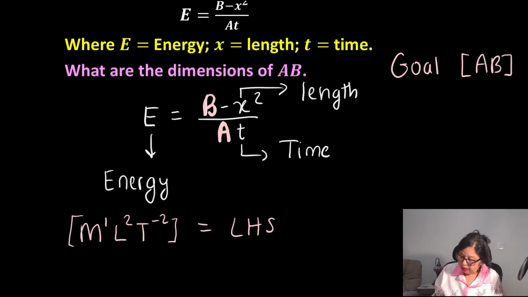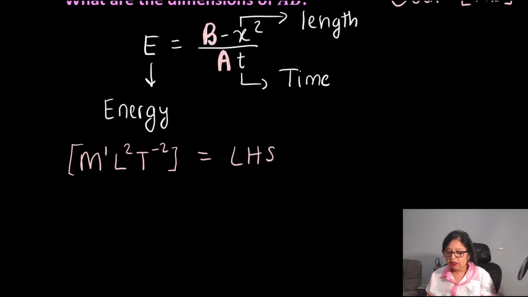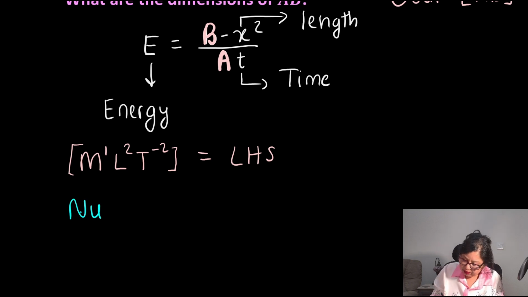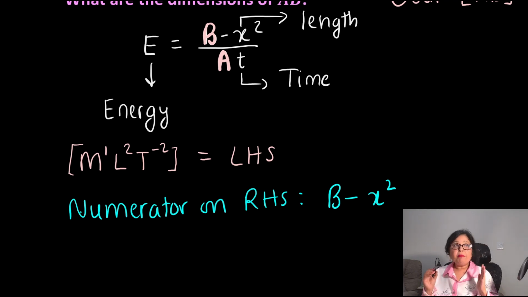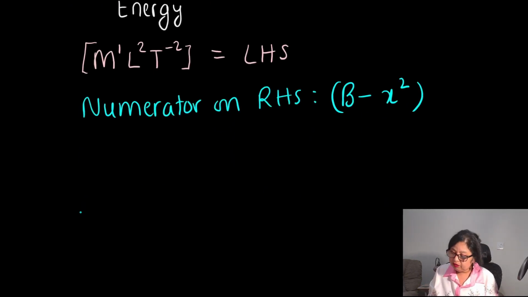This is energy, okay? Now on the right-hand side, I have the numerator. The numerator on the right-hand side is B minus X squared. Now B minus X squared, what is it? It is an expression.